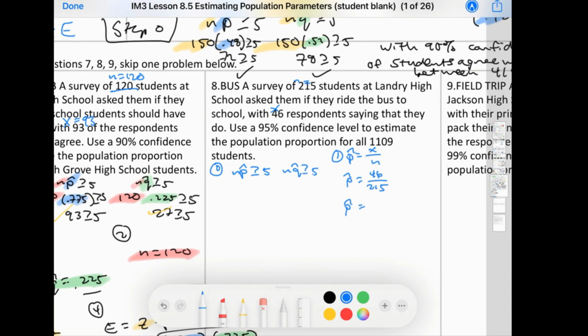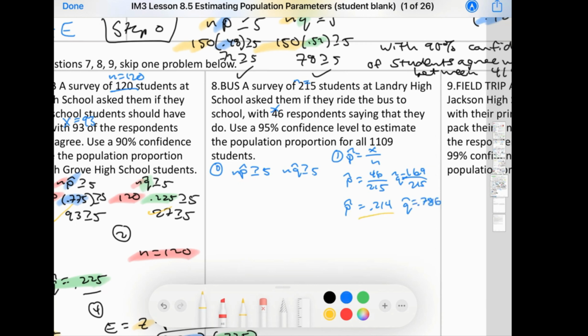And so if I put that into my calculator, 46 divided by 215. Okay, so I'm going to ask 0.214. So 215 minus 46 gives me 169. And 169, this is Q hat, divided by 215 will give me 0.786.